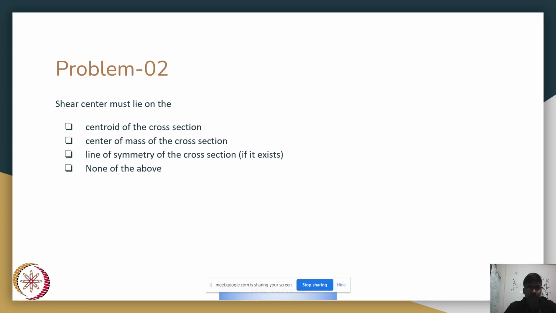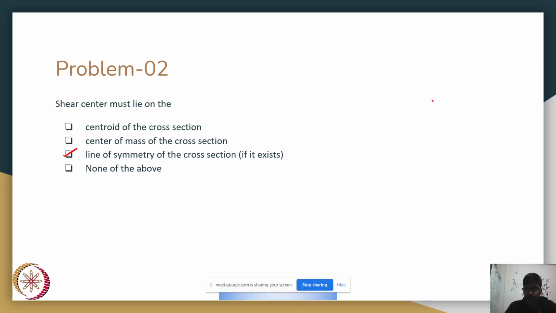Problem number 2. Shear center must lie on what? Would the shear center lie on the centroid of the cross section, or the center of mass, or the line of symmetry? As we discussed in the first problem, given a cross section, the shear center must always lie on the line of symmetry if it exists.